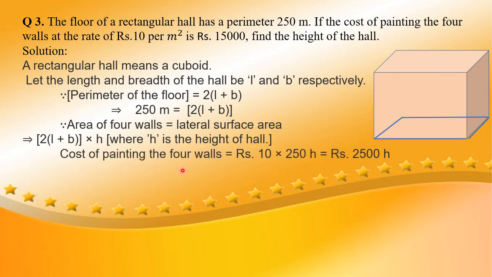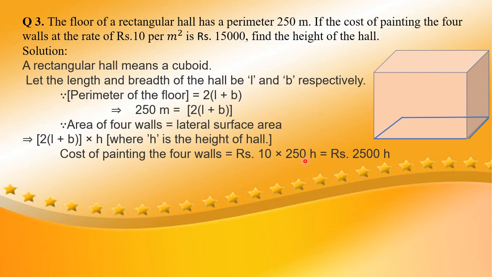So the cost of painting the four walls equals 10 into 2(L plus B) into H. Now this 10 is in rupees, and 2 into (L plus B) is given as 250.